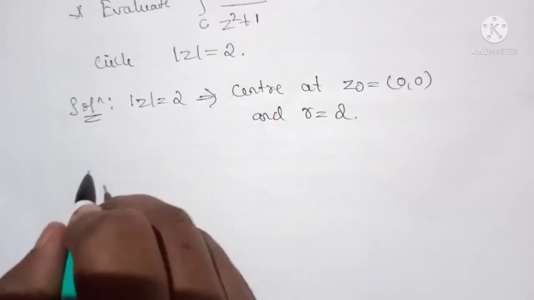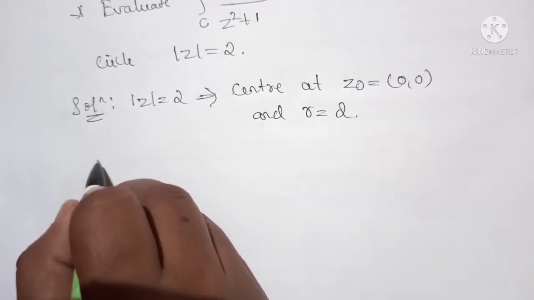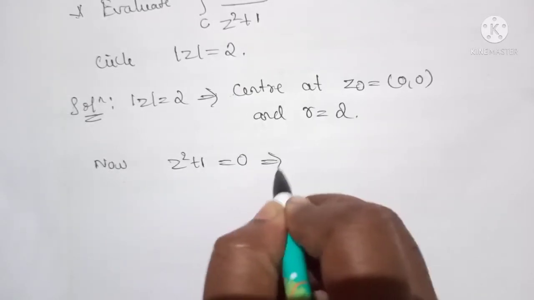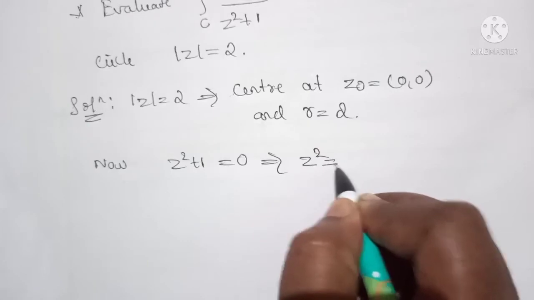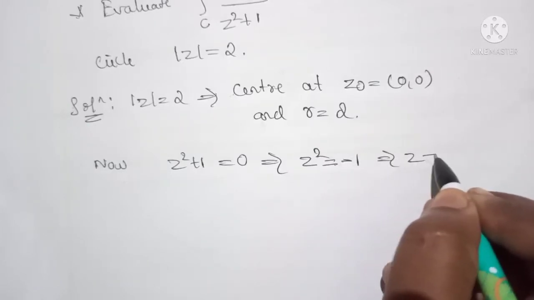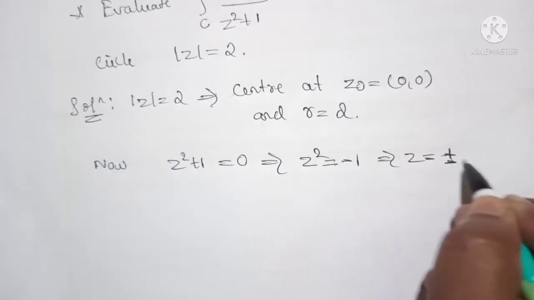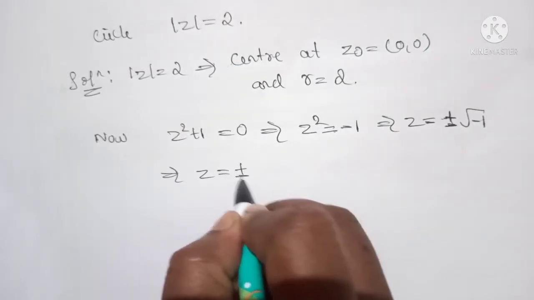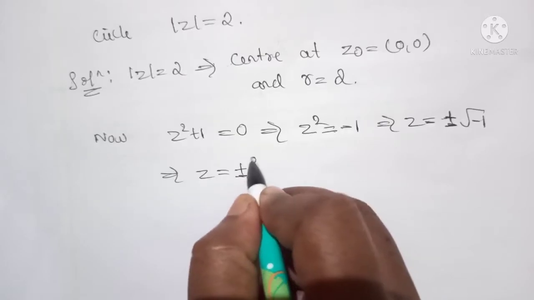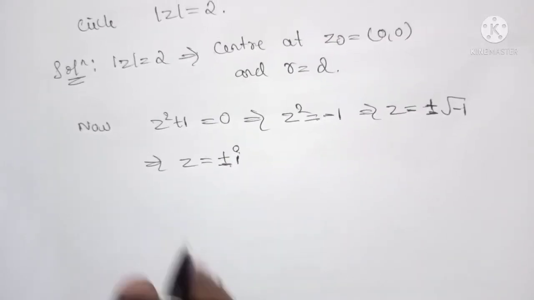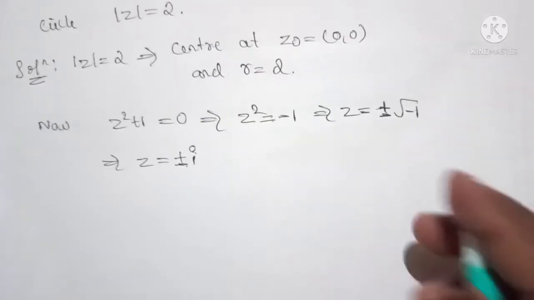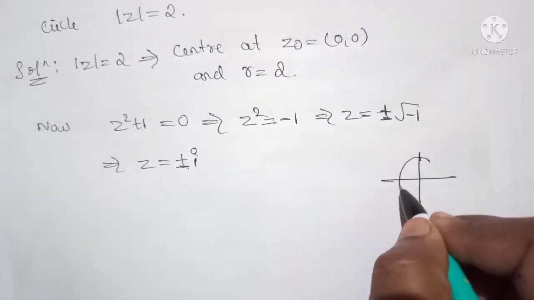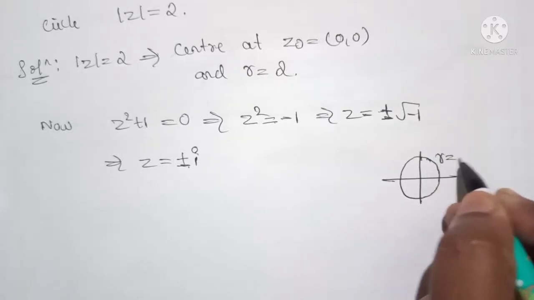Now equating the denominator to 0, that is z square plus 1 equals 0, implies z square equals minus 1, that is z equals plus or minus root of minus 1. So that implies z equals plus or minus i. Okay. So now first we draw the circle with radius 2. So this is our circle with radius equals 2.